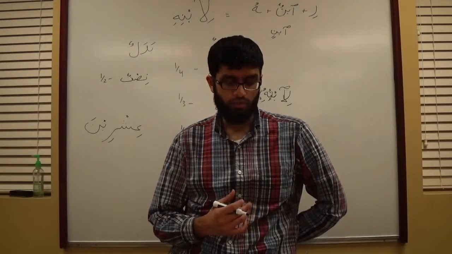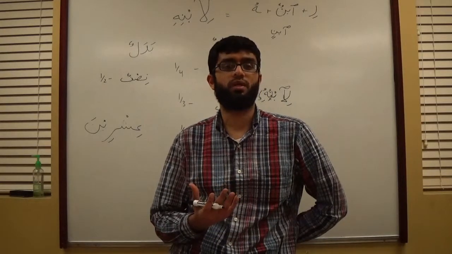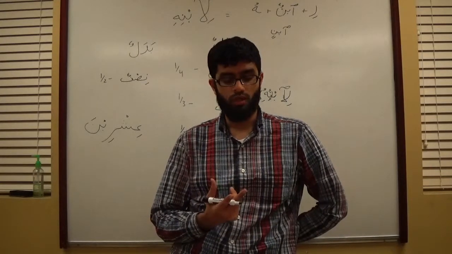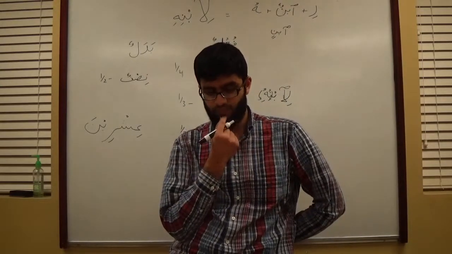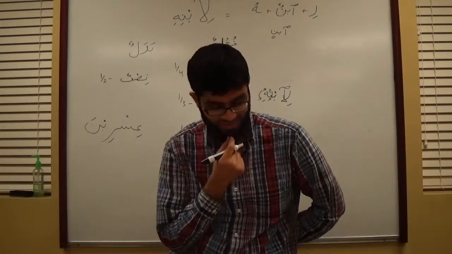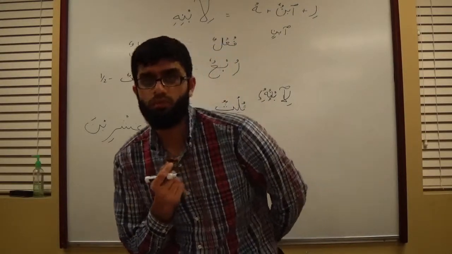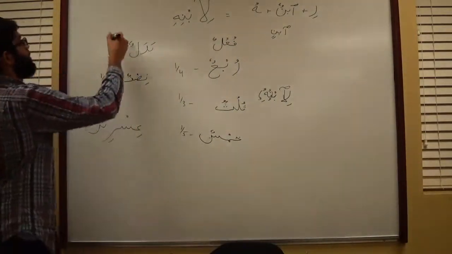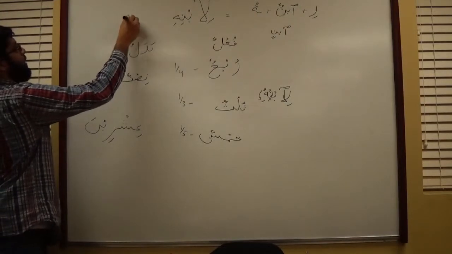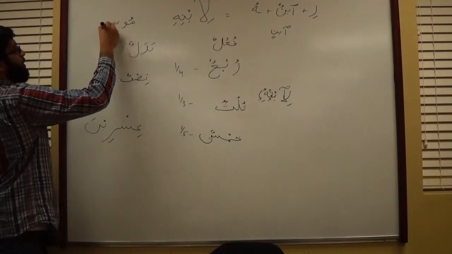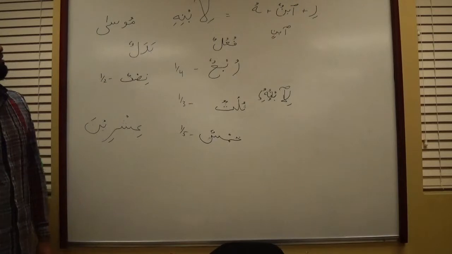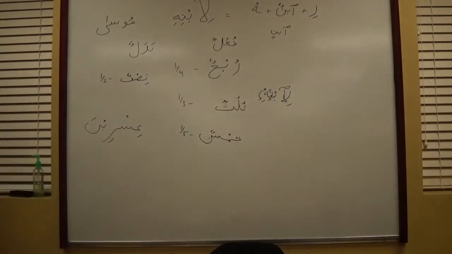But if someone were to ask you, is Musa marfu', mansub, or majroor, what would you say? I know this is a lot of grammar. You can't see the case ending on Musa. I would say it's marfu' by default, because nothing's there to alter it.